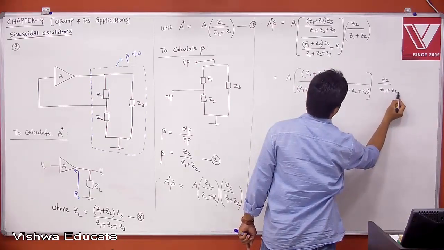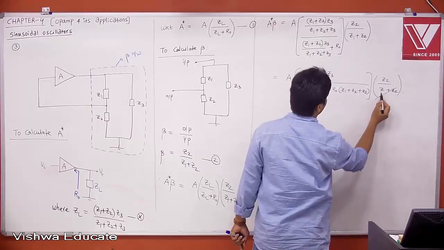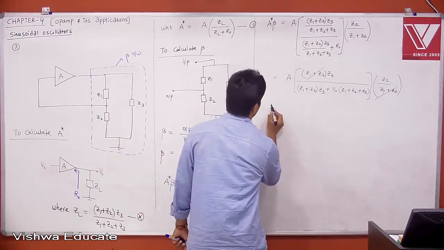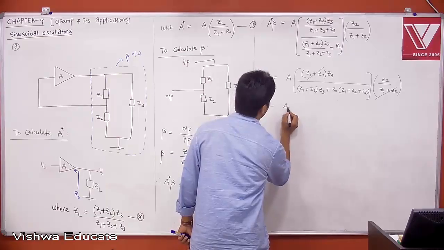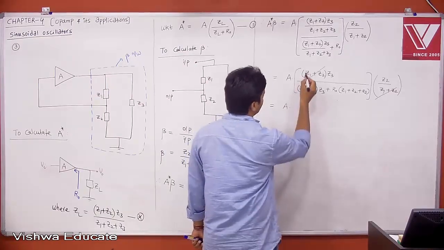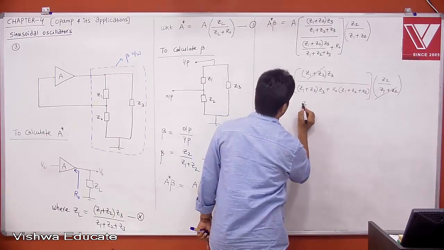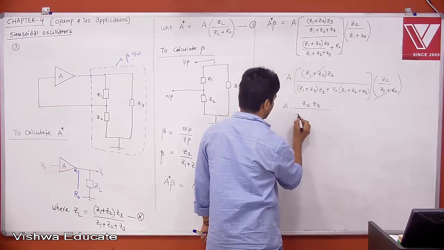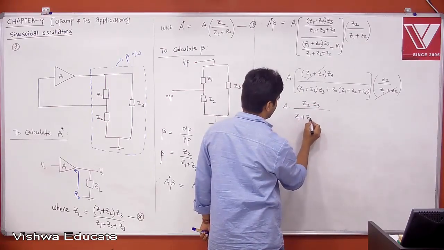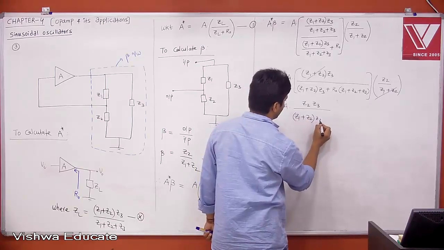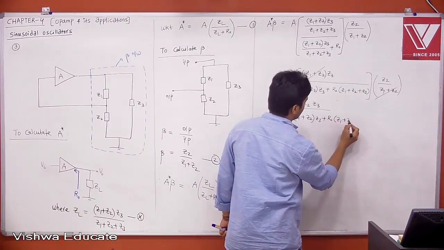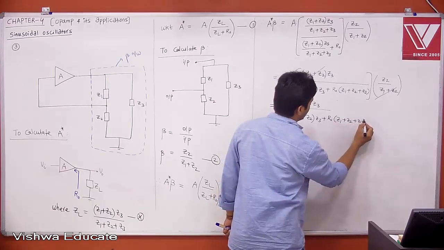Z1 plus Z2 and Z1 plus Z2 will be cancelled. Then it is simply A into Z2 Z3 divided by Z1 plus Z2 into Z3 plus R0 into Z1 plus Z2 plus Z3.